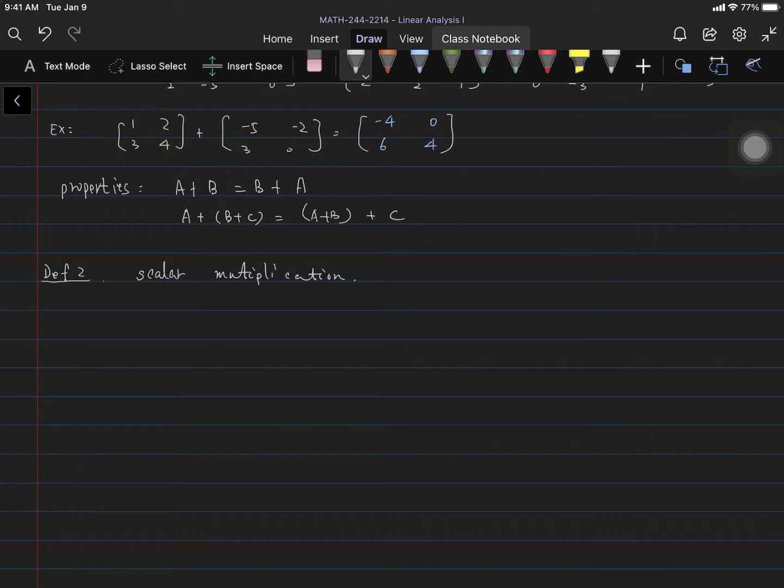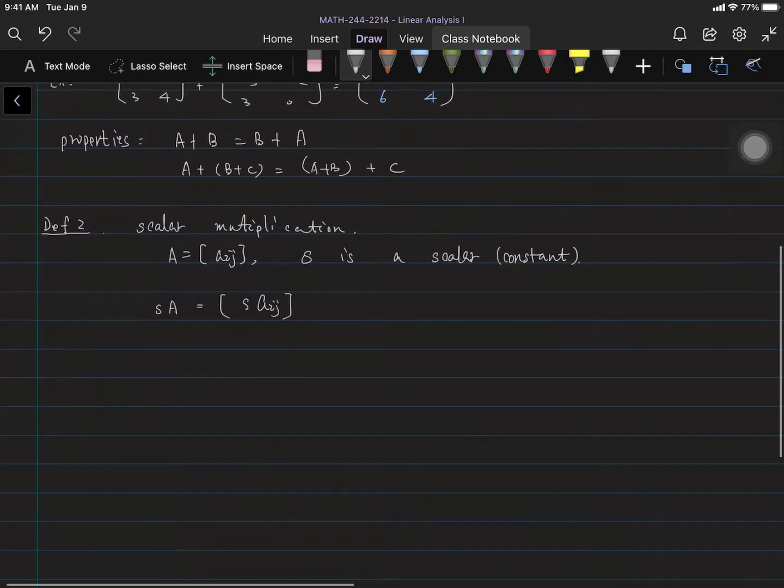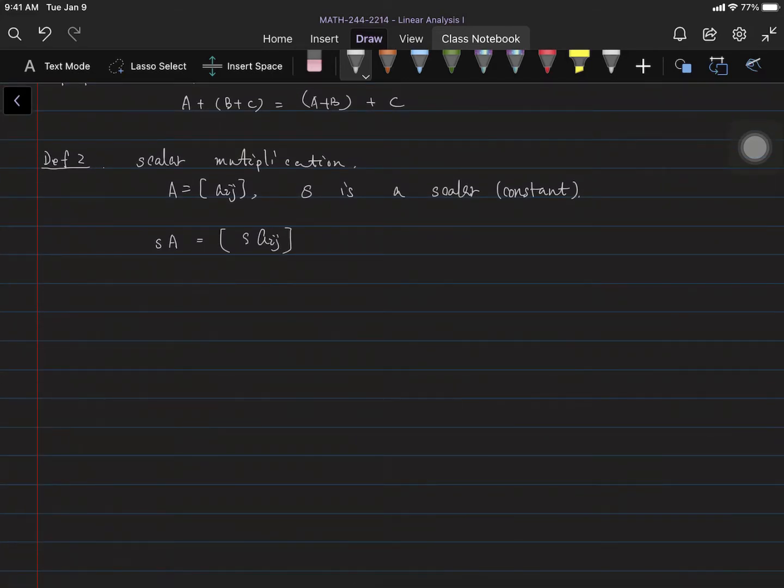If A is a matrix given by Aij, and S is a scalar. Scalar just means constant. So a scalar times the matrix equals what? We use the scalar S to multiply each element. So S times Aij.